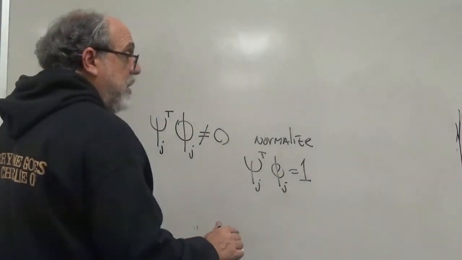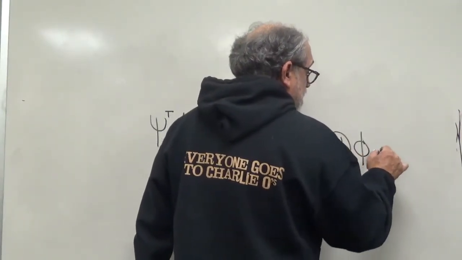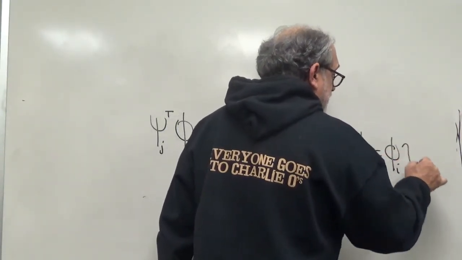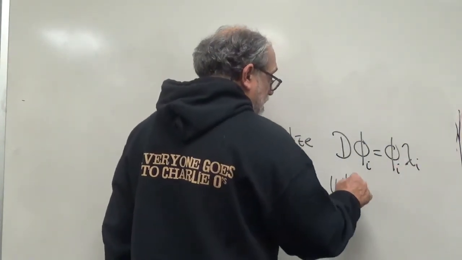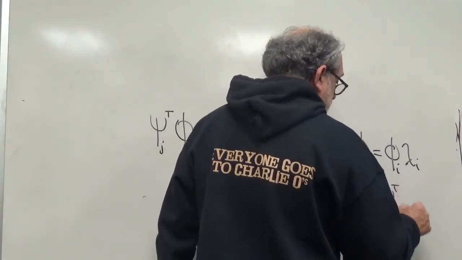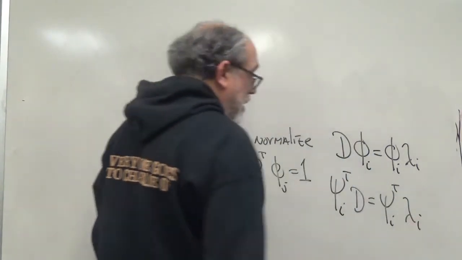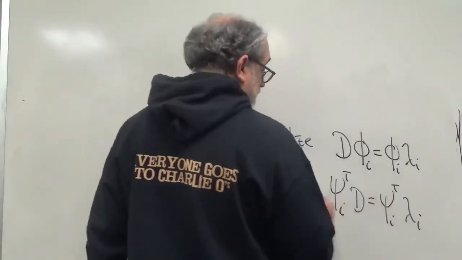Okie doke. So now we know that not only are there right side eigenvectors, which repeat themselves times lambda, but there are left side eigenvectors, which repeat themselves times lambda. Right side, left side.